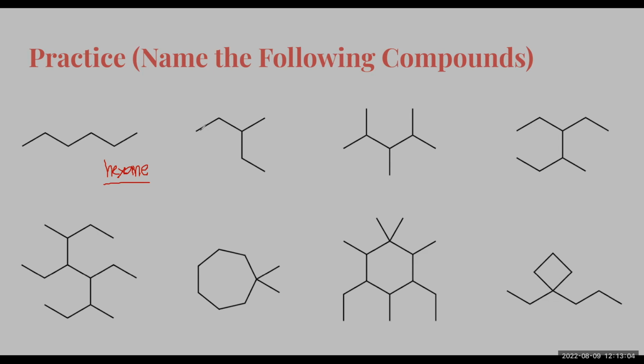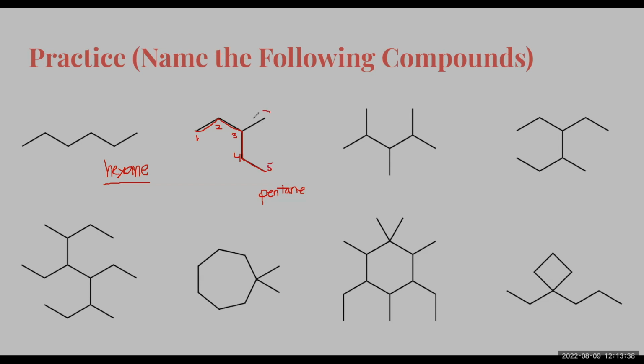Now, what about this next example? We have this carbon chain. We're going to want to identify the parent. So I'm going to do 1, 2, 3, 4, 5. A 5-carbon chain means we have pent, so pentane. Next, I'm going to number each carbon: 1, 2, 3, 4, and then 5. And then identify these substituents.